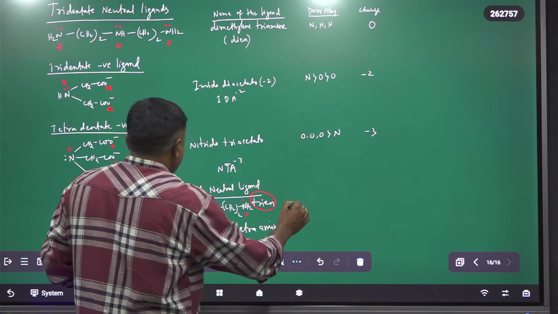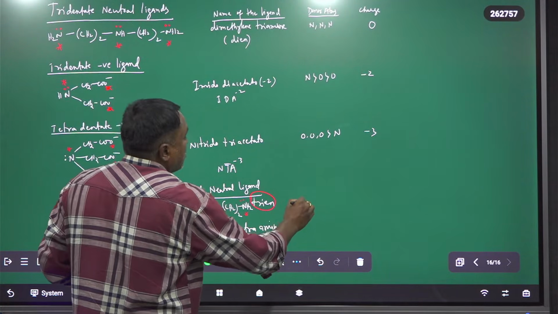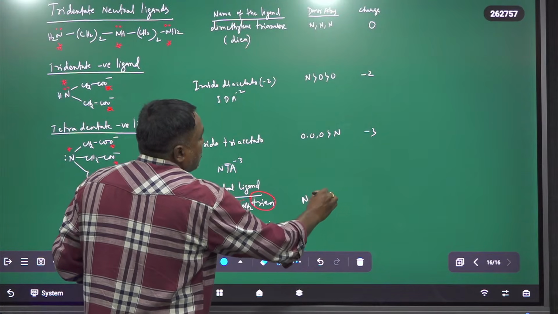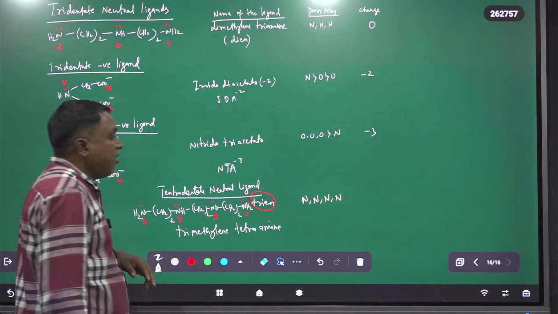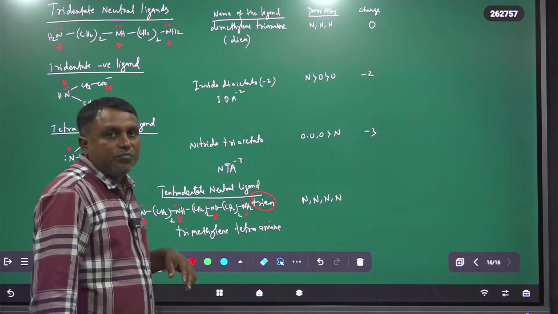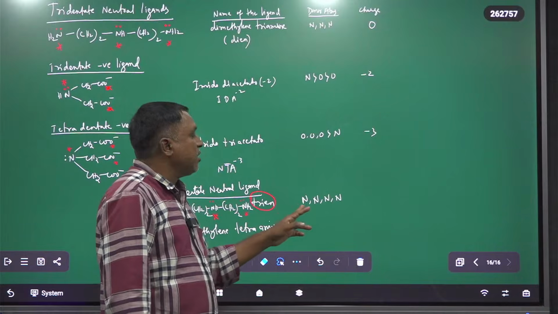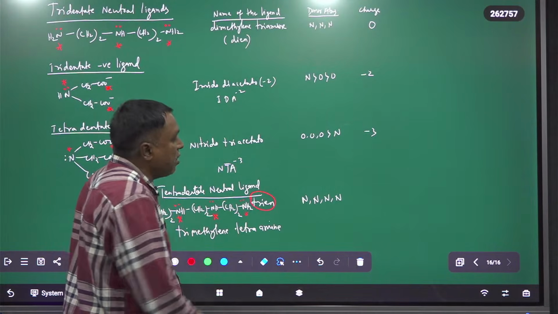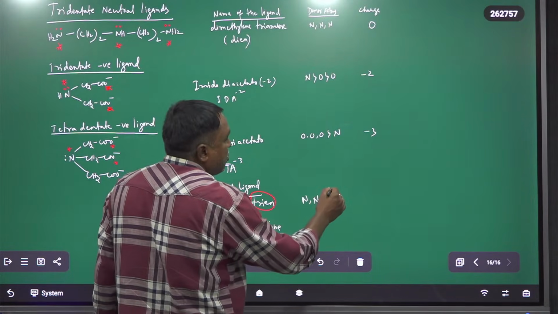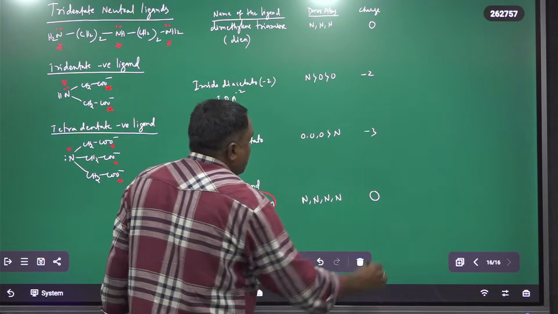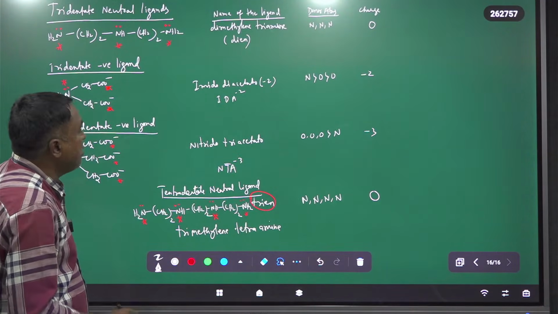Tetraamine is the tetradentate neutral ligand. Is there any charge now? So what are the donor sites now? 4 nitrogens, each donating an electron pair to the central atom. That's why the number of donor sites is 4. They are nitrogen, and the charge on this one is 0. It is a neutral ligand.